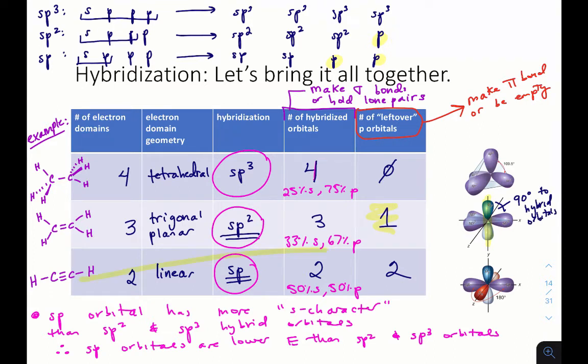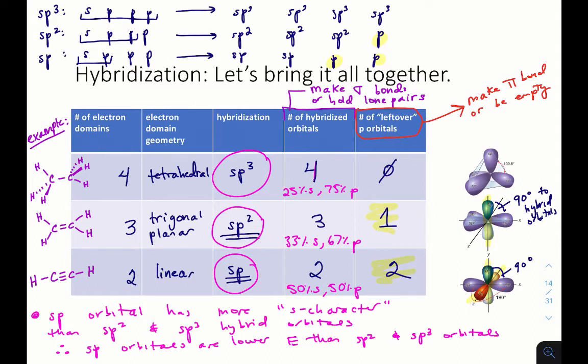Finally, for the sp hybrid, we see the 2 sp orbitals with a 180-degree bond angle from one another. We've already seen that. What I more want to point out right now is that those leftover p orbitals, both of them, are at 90-degree angles from the hybrid orbitals, just as before for the sp2.